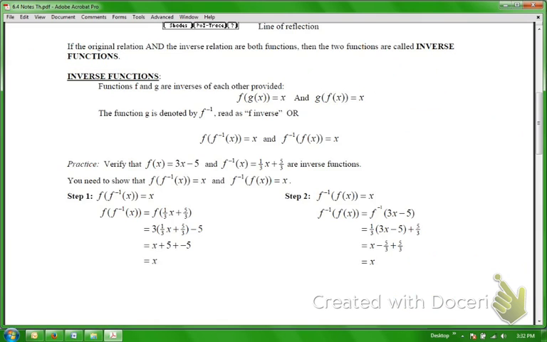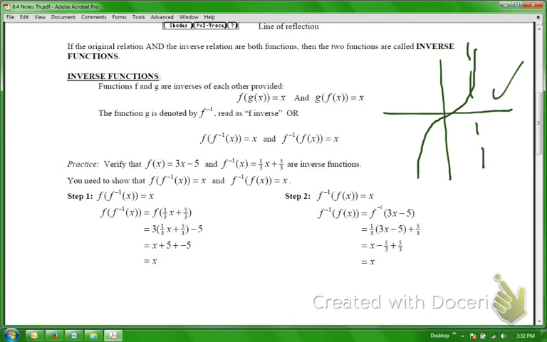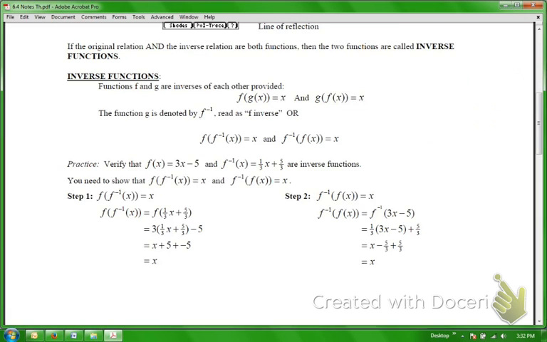So let me show you another graph. If I had something that looks like a cubic like this, let's check this graph, a function, crosses it once, so that one is. To check the inverse, do a horizontal line. That crosses it once, so that means it is an inverse function, or one-to-one.